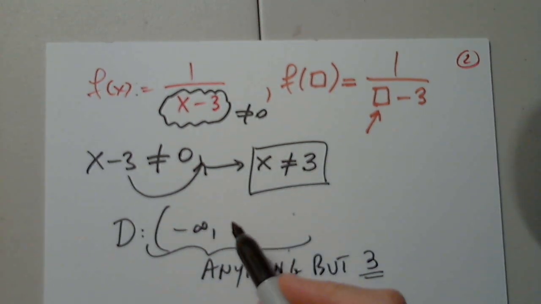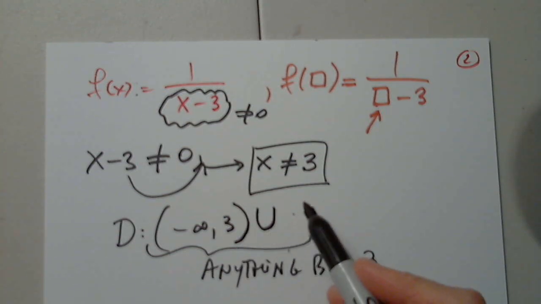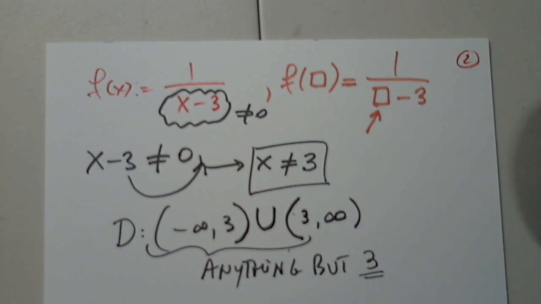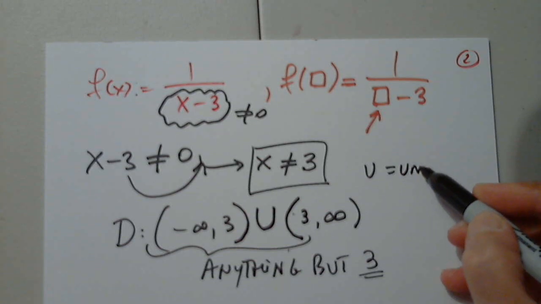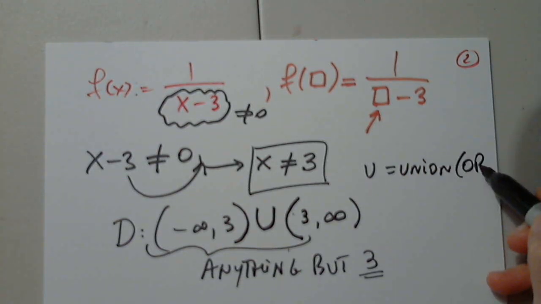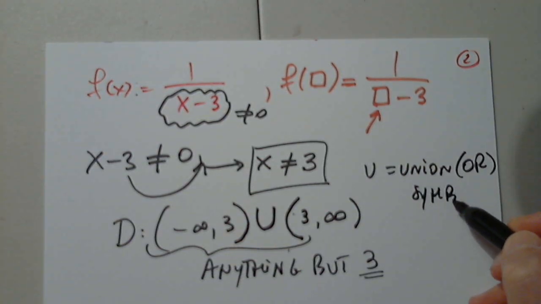Negative infinity to 3, parenthesis, union symbol, parenthesis again. Yes. So this is the union, or symbol. Union, or.